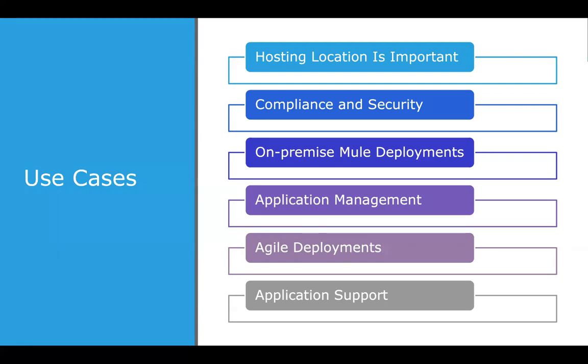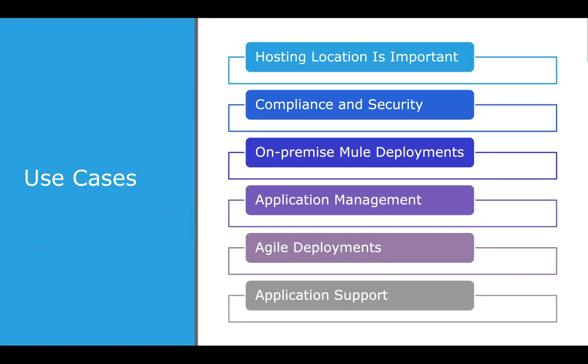Another really great use case for Runtime Fabric is to speed up and enable deployments in your organization. You can really deploy at the speed of the cloud thanks to Docker and Kubernetes under the hood. And you can speed up deployments for your organization with rolling deployments with zero downtime that really allow you to sleep well at night. So if deployments affect your business continuity today, Runtime Fabric might be a great option for you.